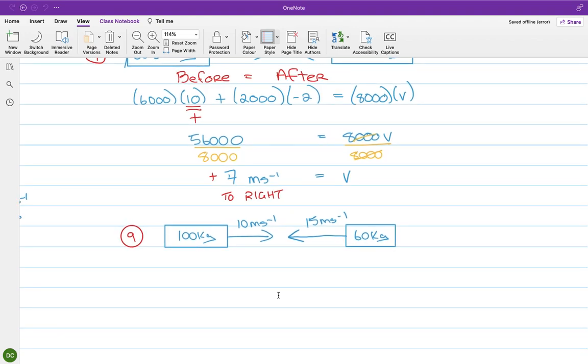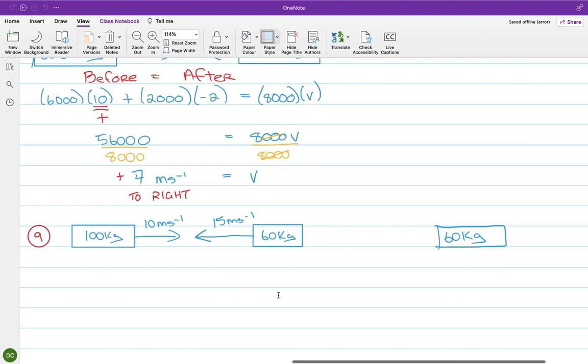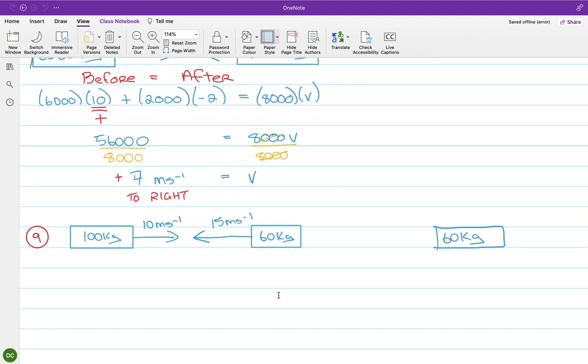So after the collision happens, the 60 kilo block moves at 8 meters per second in the opposite direction to its original motion.